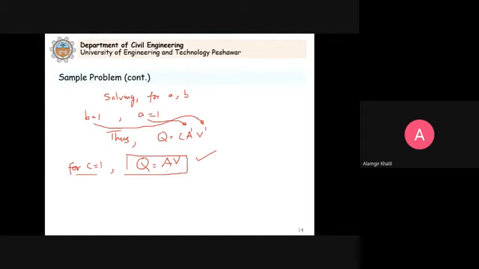Now this C here is equal to 1, but this C will not be equal to 1 in all the problems. This C will have some value. So the question is, from where will that value of C come?